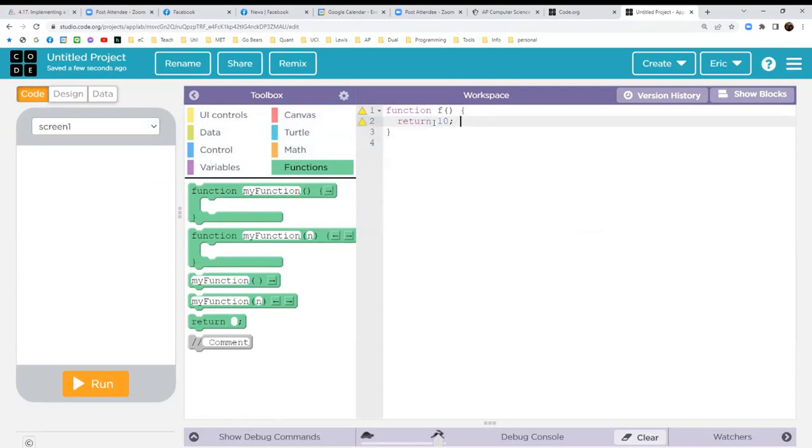Then outside of the function, I define a variable a that gets its value from f, calling the f function. So this is a function call. You must define some function and call it and show it.